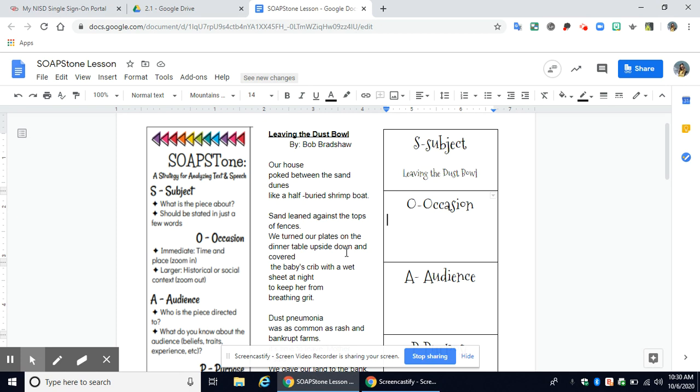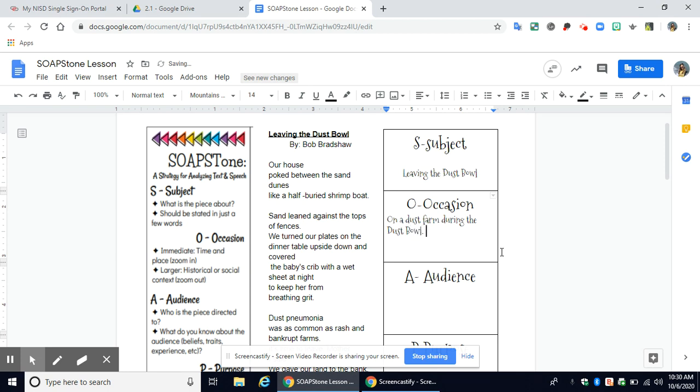So I know here that, looking at, again, they are in the Dust Bowl. So I'm going to put that the place they're in is on a dust farm during the Dust Bowl.